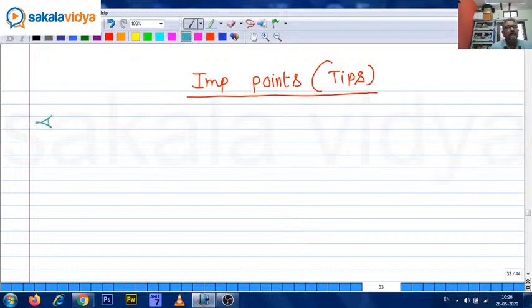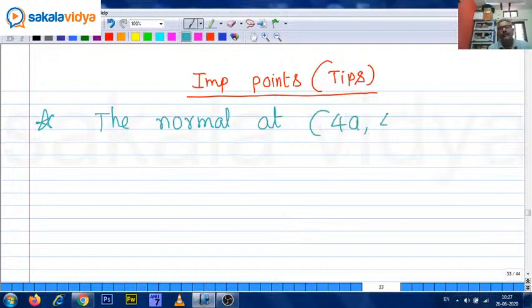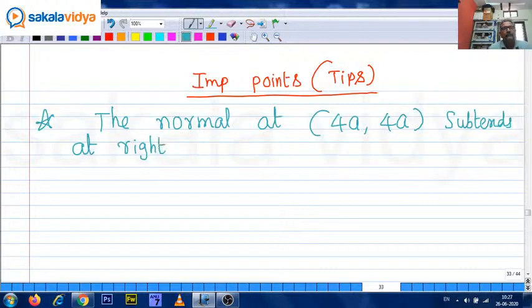First point: the normal at (4a, 4a) always subtends a right angle at the focus. This is one point.